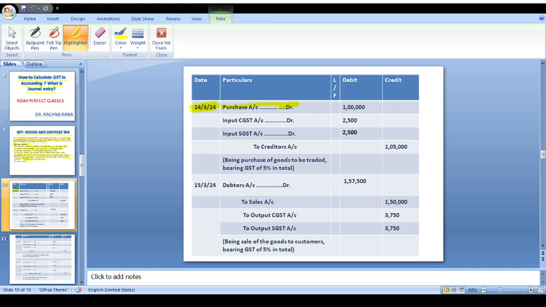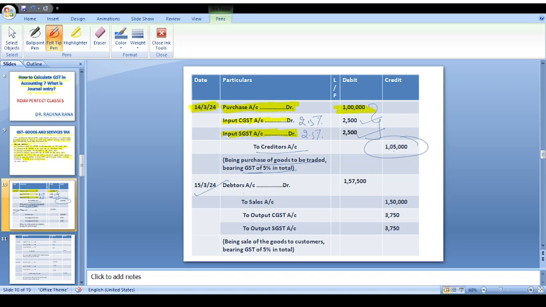The entry will be Purchases account debit, because when we purchase these goods the price is 1 lakh, and Input CGST account debit and Input SGST account debit, given at 2.5%. 1 lakh at 2.5% is equal to 2,500, each. Adding all these values, we get 1,05,000, which will be credited to Creditors account, because here the purchase of goods to be traded bears GST of 5% in total.